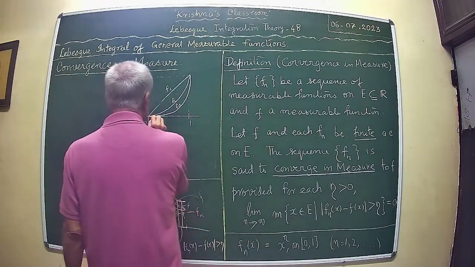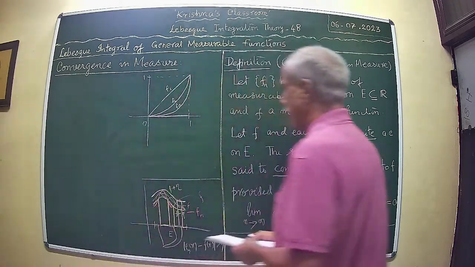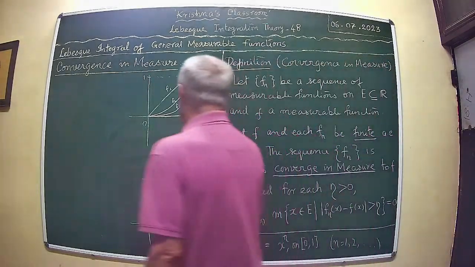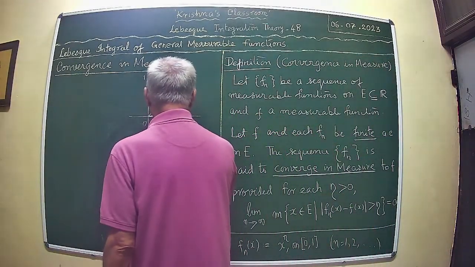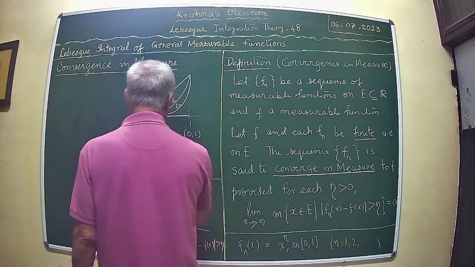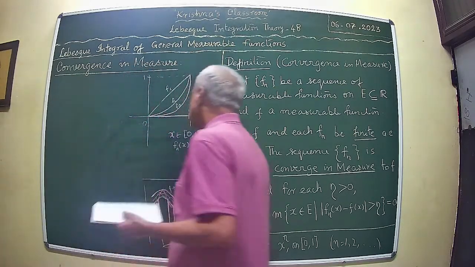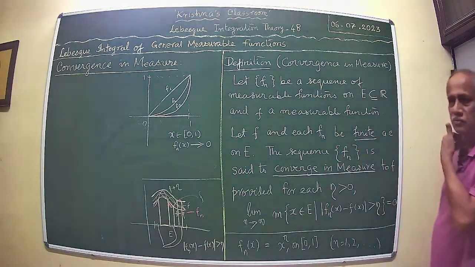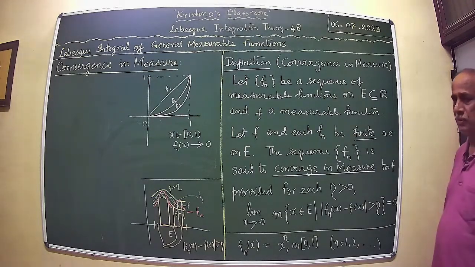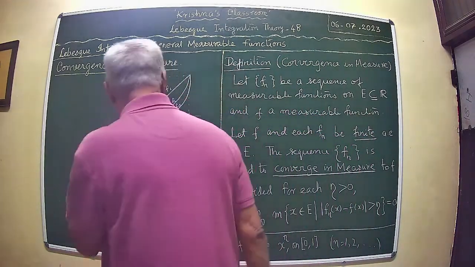Then you see that at each x lying between 0 and 1, that means x belonging to the open interval, Fn(x) converges to 0. Now you can ask whether Fn converges to 0 in measure.